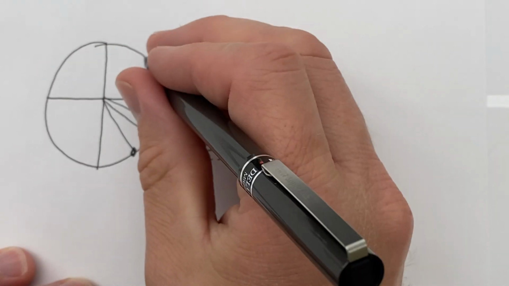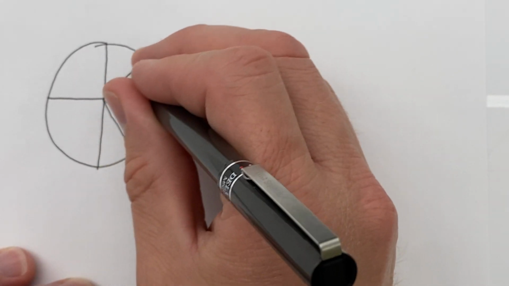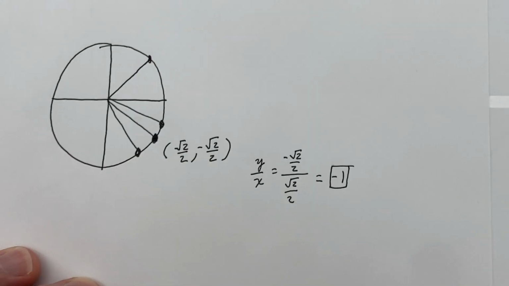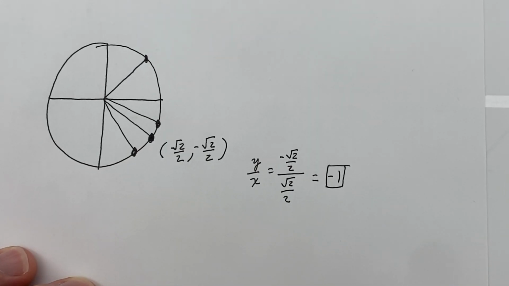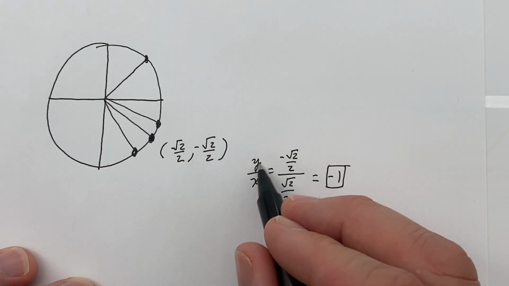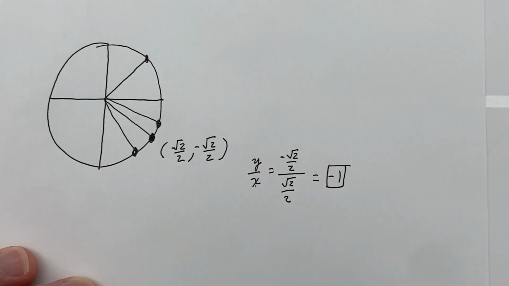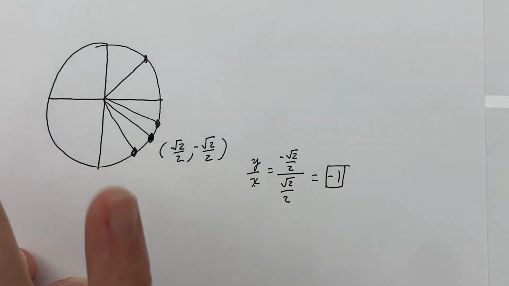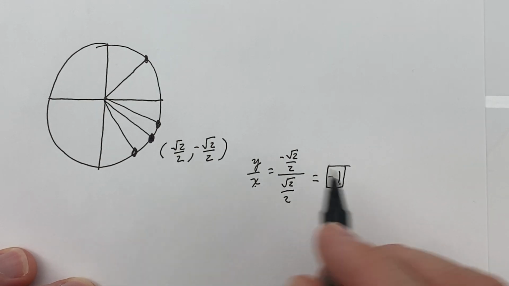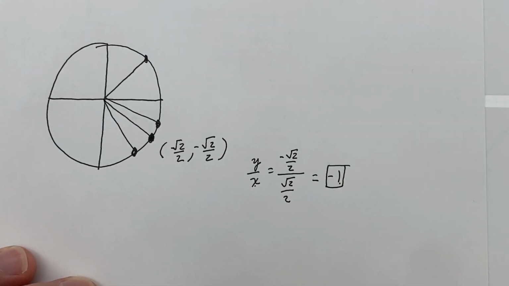So at the 45 multiples, again, this would have been the same up here at 45 degrees, your tangent is -1. It's because tangent is y over x, and they happen to be the same. So if you see tangent of -1 from now on, you know you're going to look at your 45 multiples.